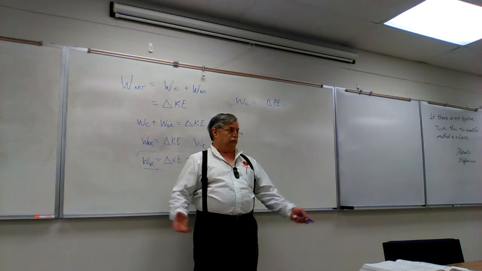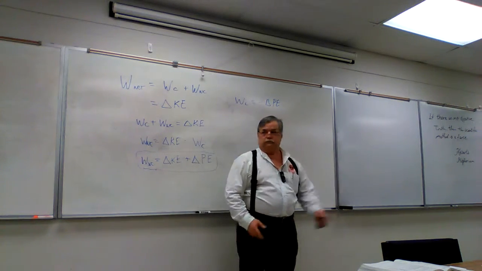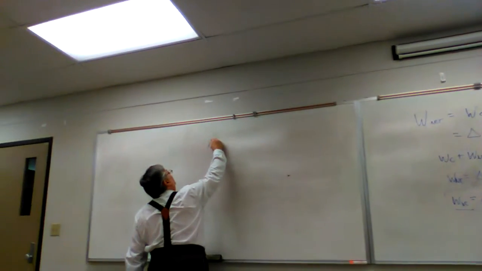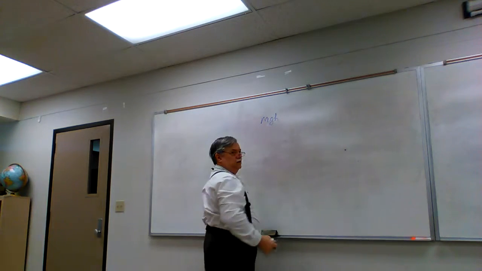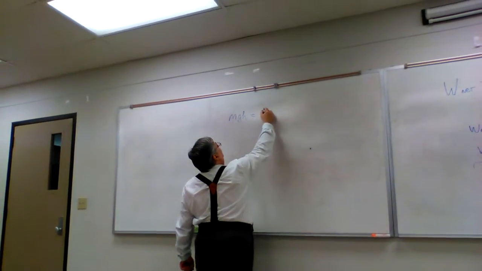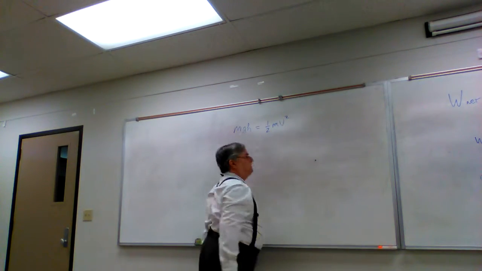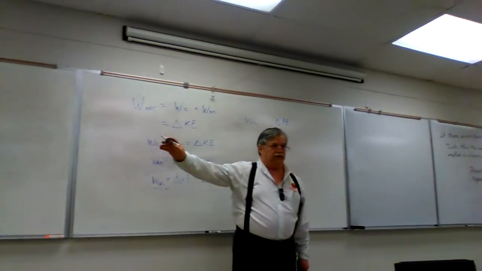The kinetic energy is 1/2 mv squared, so we'll be able to calculate. We're going to say mgh, where h is the change in height, is going to be equal to 1/2 mv squared when it gets to the bottom, and then solve for v.